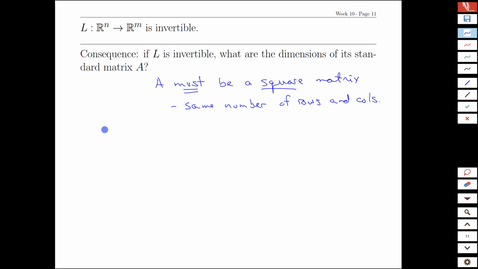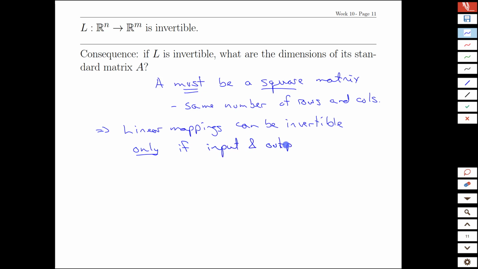And the consequence of that about L is that linear transformations or linear functions, linear mappings, can be invertible only if the input and output spaces have the same dimension. Same dimension.